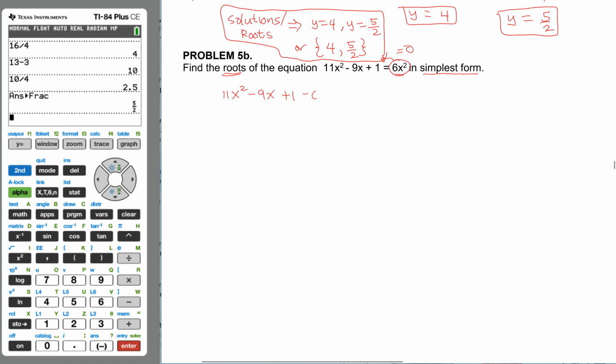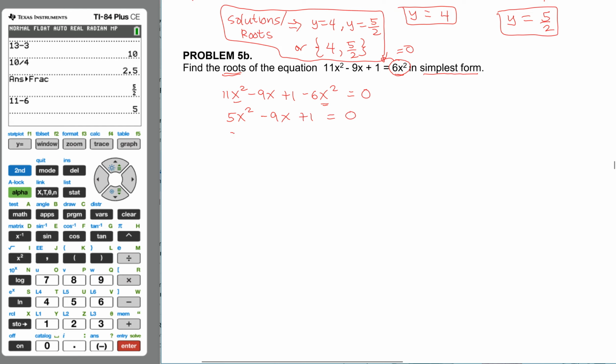So this would be negative 6x squared equals 0. Now combine like terms. So I see x squared and x squared here. So you have 11 minus 6. That gives you 5. So this would be 5x squared minus 9x plus 1 equals 0.